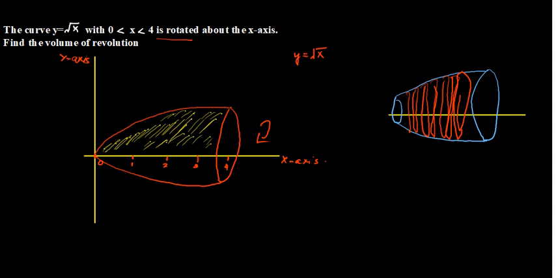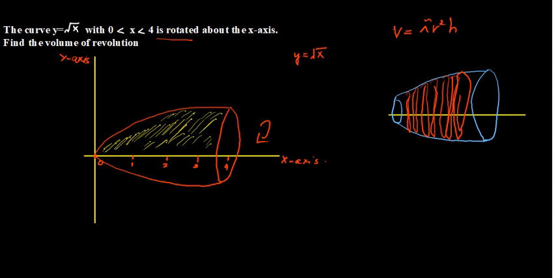Okay. So these small tiny cylinders inside that shape, if we are going to find the volume of a single tiny cylinder, that will be equal to pi r square h, right? So that is the volume of a tiny cylinder.